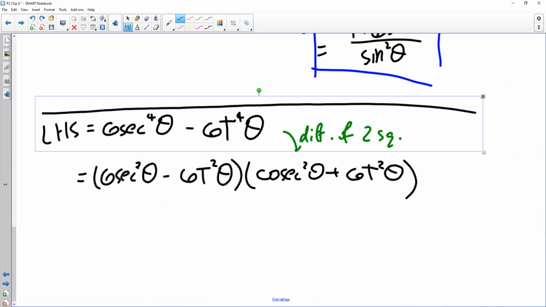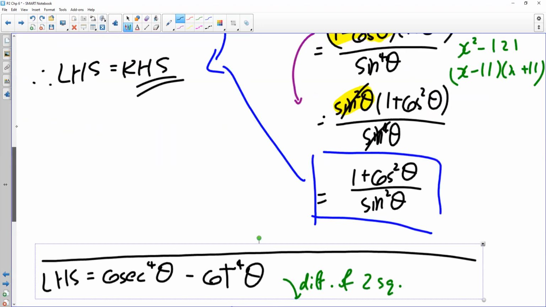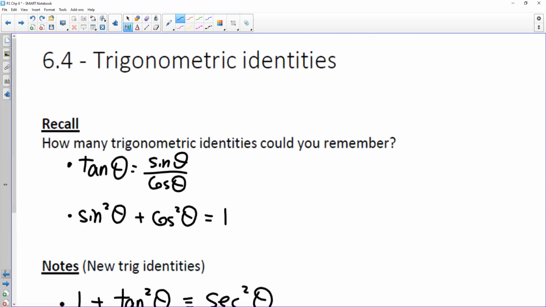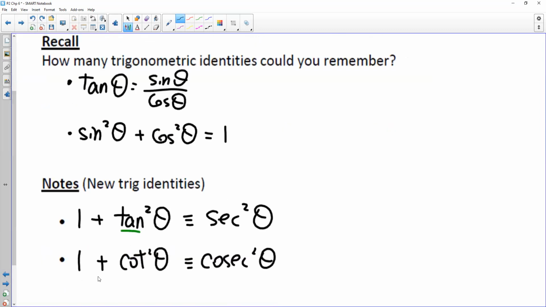Now I know an identity that links cosec squared and cot squared. The second identity: 1 plus cot squared theta equals cosec squared theta.